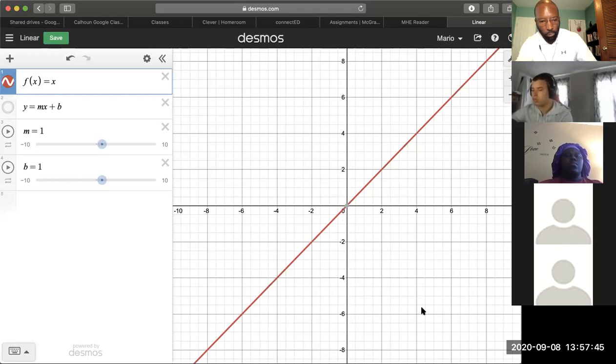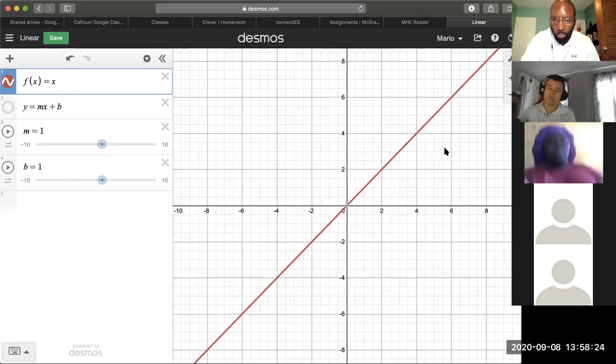So a linear function, if it has a slope of 1 and a y-intercept of 0, is called a linear identity.